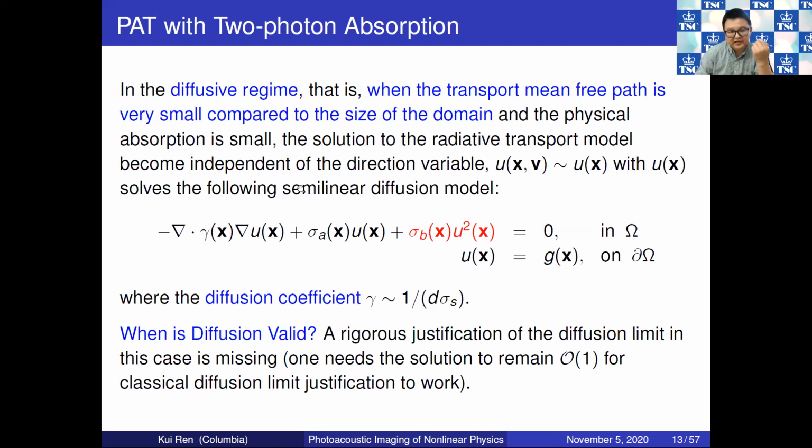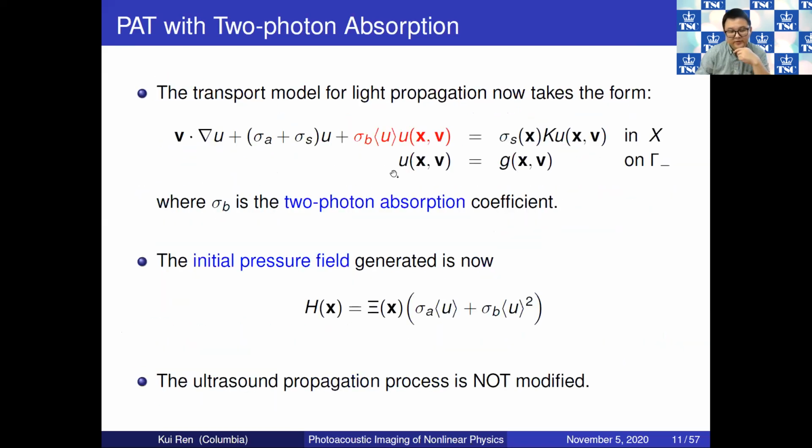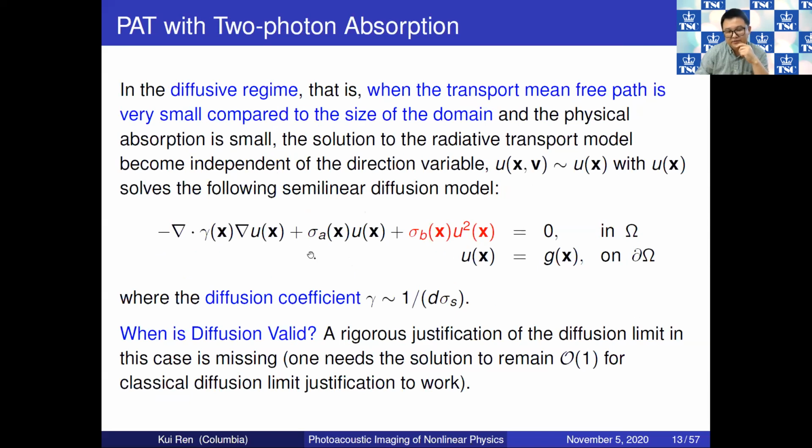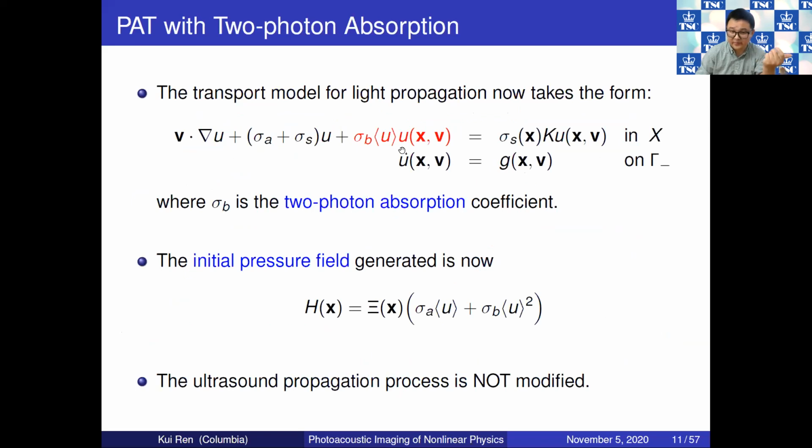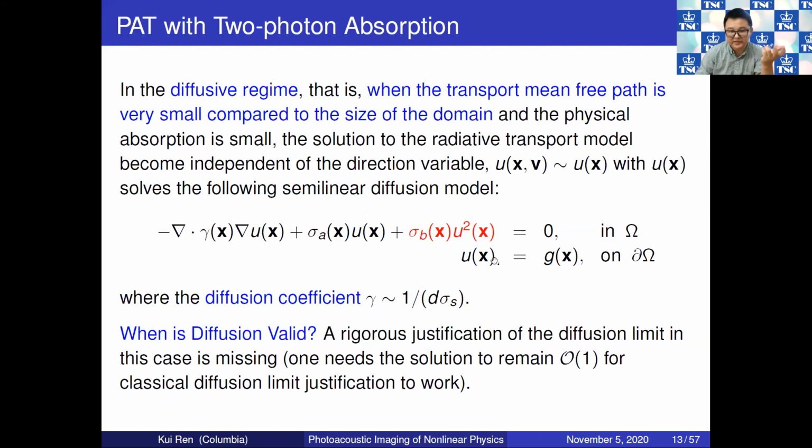the most naive thinking when you look at this model is to ask, what is the corresponding diffusion approximation, right? If you look at this transport equation, it's very easy to see that you can come to the corresponding semi-linear diffusion approximation if you are in the diffusive regime, as long as your solution for the transport equation remains bounded, remains small when you take this diffusion approximation process.